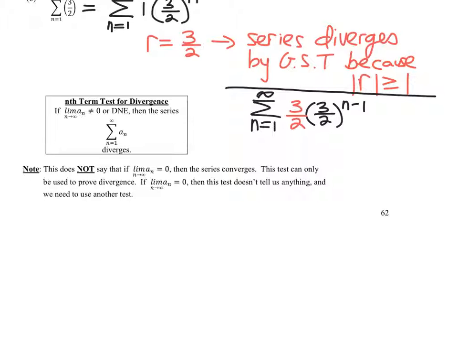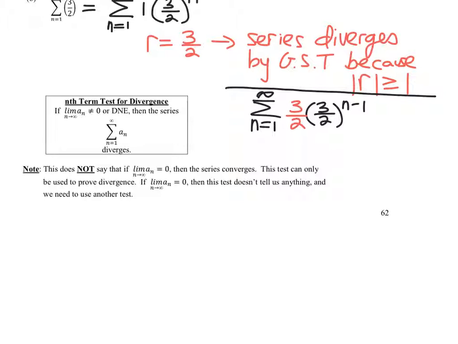All right, so the nth term test for divergence. So specifically for divergence. This one, you know, it's easy enough to do. It's based on stuff that we've done before. It's always a starting point whenever you're trying to evaluate a series. If your series diverges, it doesn't matter what test you use in order to get you there.